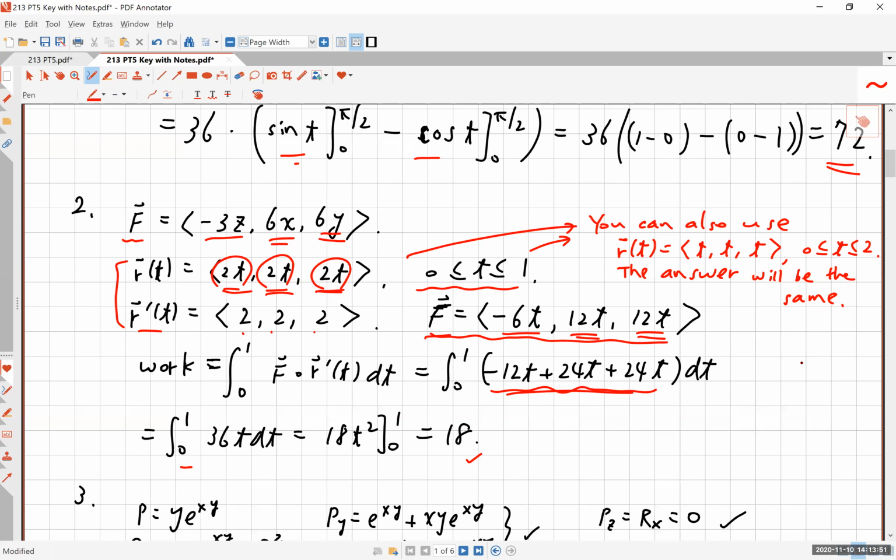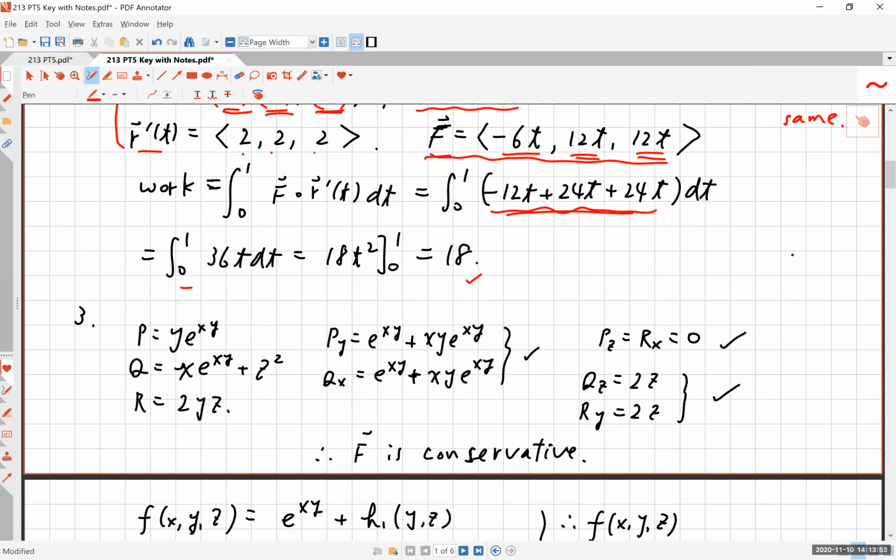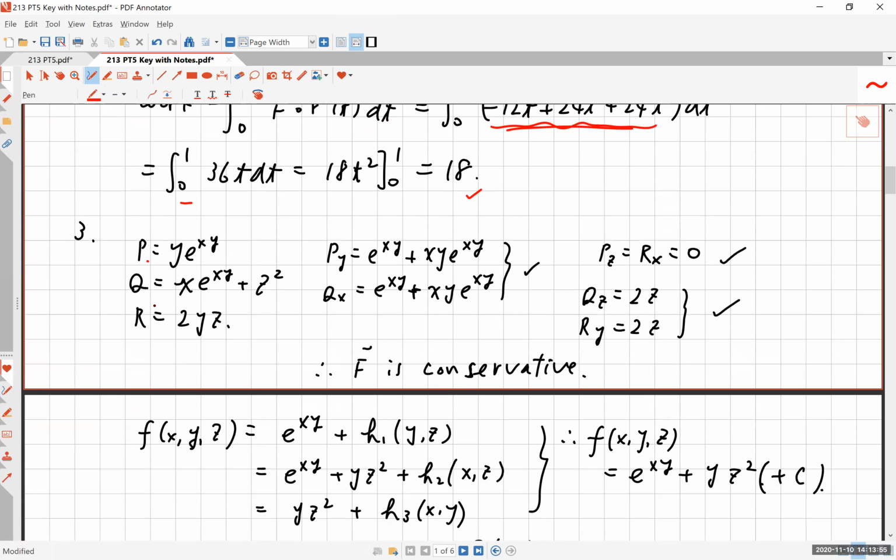Now, what do you see here? That's number 2. Number 3, so you have P, Q, R identified as the first, second, and third components of that vector field. Now remember, you are to do this, P, Q, R, X, Y, Z. So let's first look at PY. PY is a little tricky because right away you have to use the product rule.